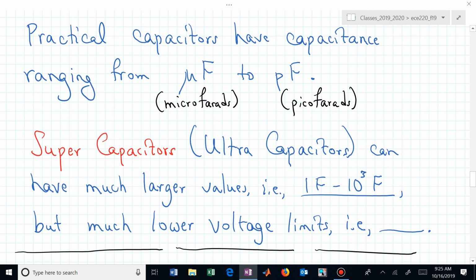But now the voltage that's associated with the separation of those plates is much lower than in these microfarad and picofarad capacitors. Now the voltage range is more like 1 to 3 volts.